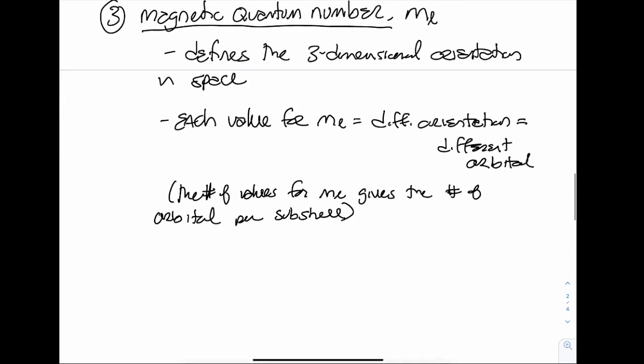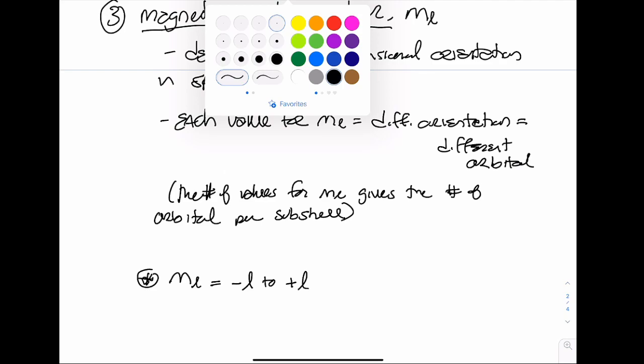So what that is, my possibilities for m sub L, is it's going to equal everything from negative L to positive L. So if L is 1, m sub L is going to be negative 1, 0, and 1. Let's actually write that down.